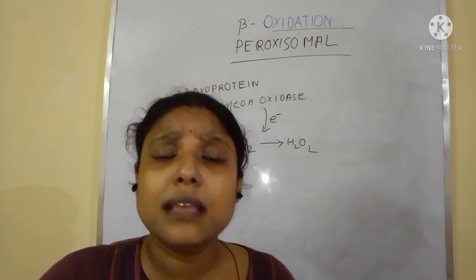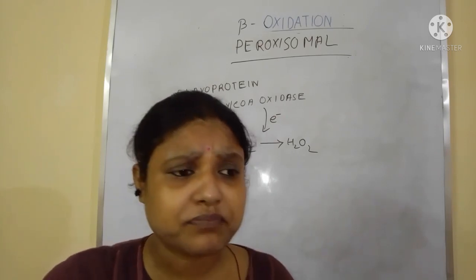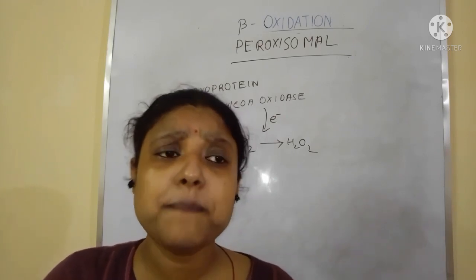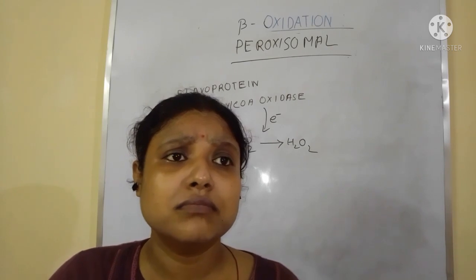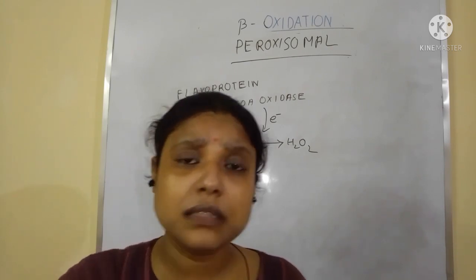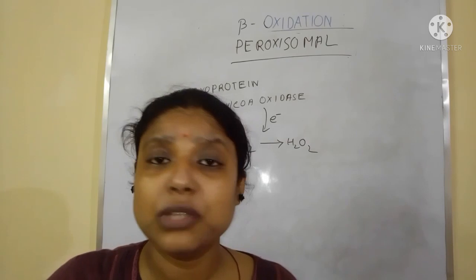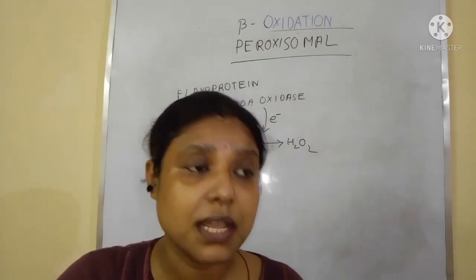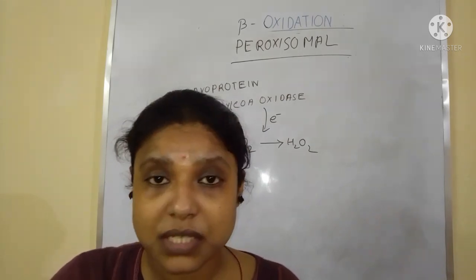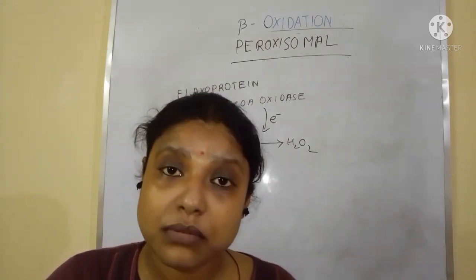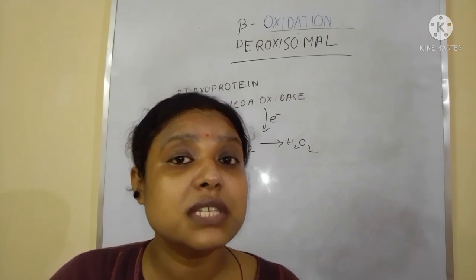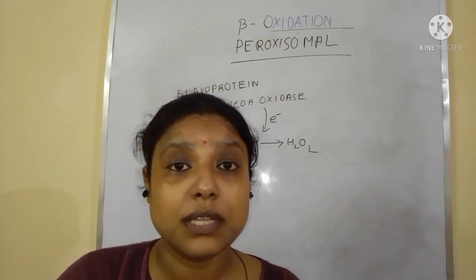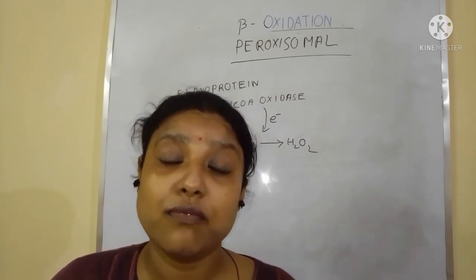I will explain another topic in my next video. And before seeing this video about the oxidations of different fatty acids like monounsaturated and polyunsaturated, or the 3-carbon odd-numbered chain, you should first check out the full description of beta oxidation.